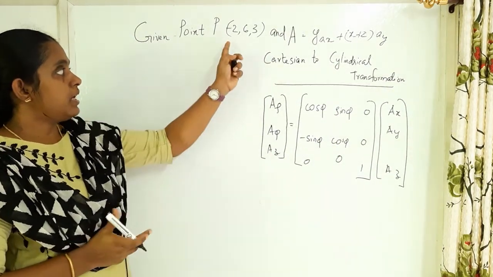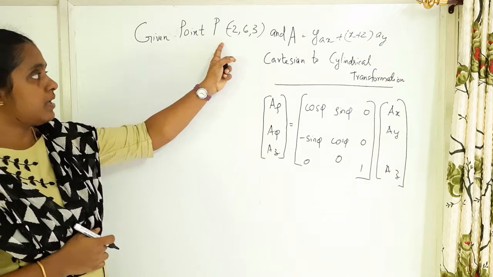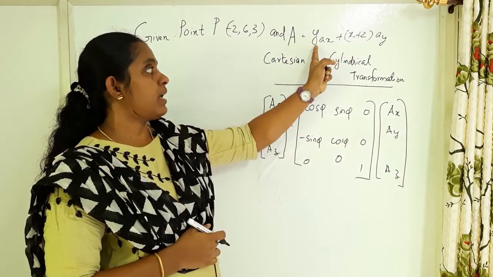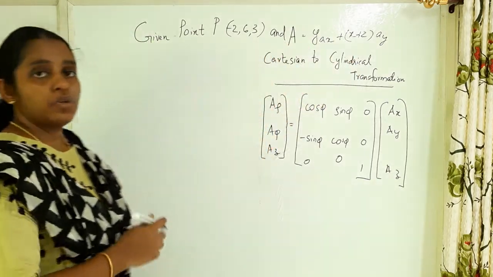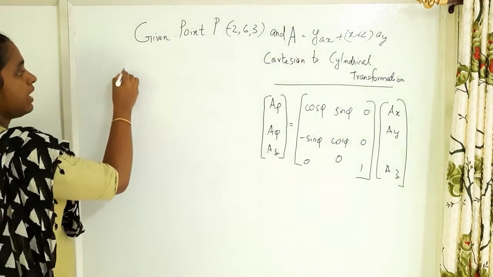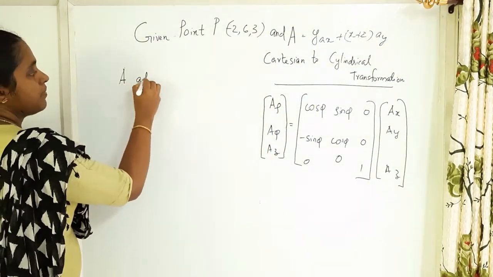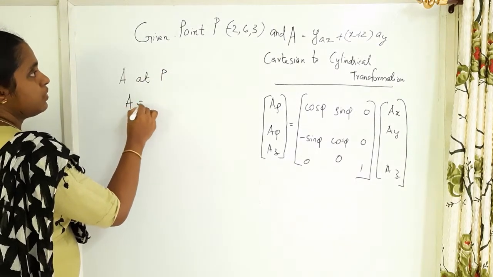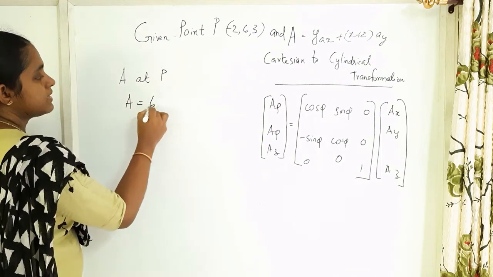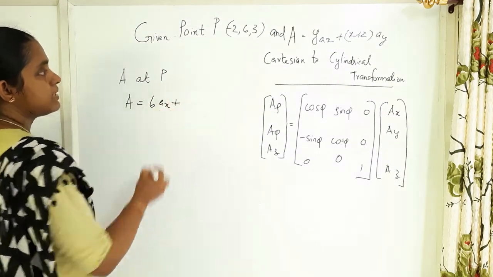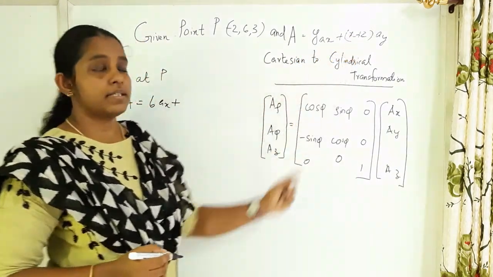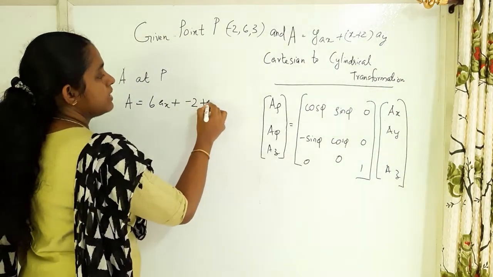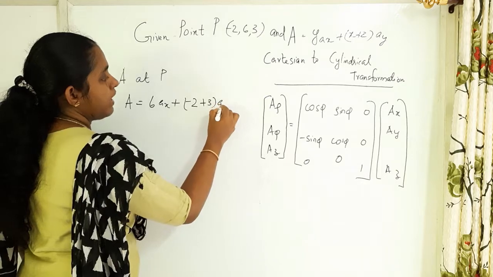At this point P, the vector is A. So we can substitute the values of y and x plus z here. We can write the vector A at point P as A equals y, which is 6, ax plus (x plus z), which is -2 plus 3, into ay.